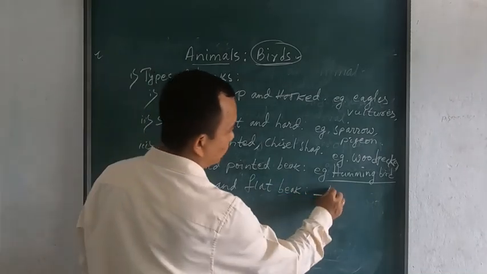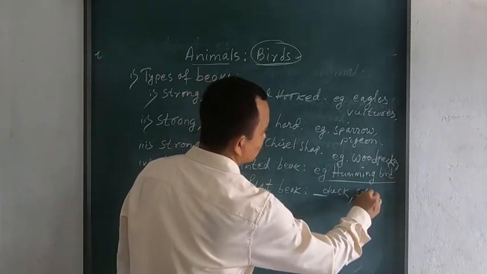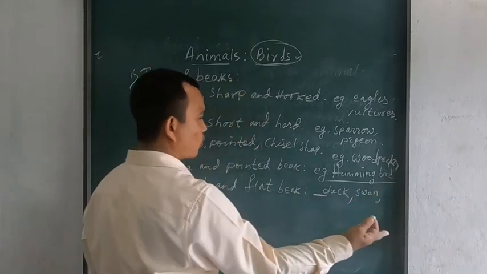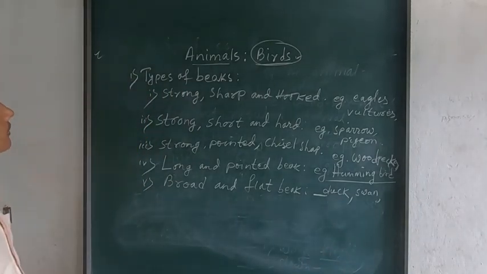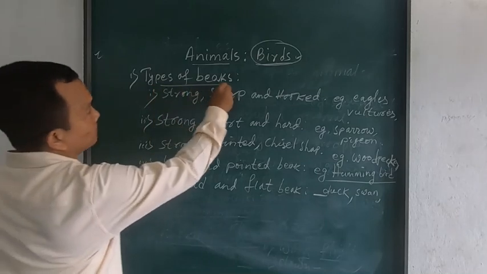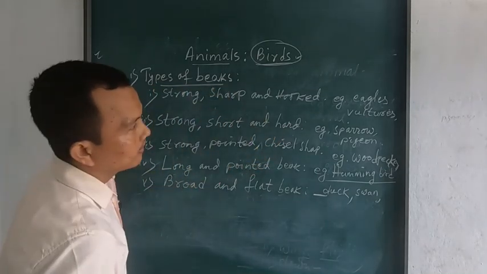Usually found in duck and swan or stork. There are so many examples. And these are the types of beaks that we usually find in different birds.